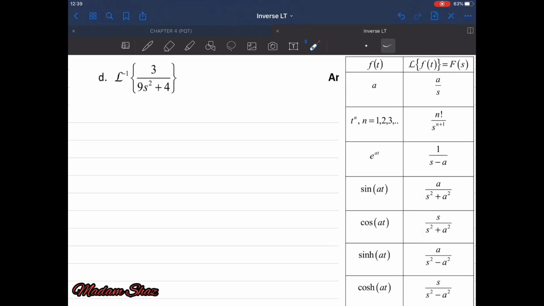So now there are two constants that you have to bring to the outside. The first one is the constant at the upper side; we bring the constant 3 to the front. And then this 9s squared, before you bring the 9 to the front, you have to factorize first. So first we factorize 9s squared plus 4.